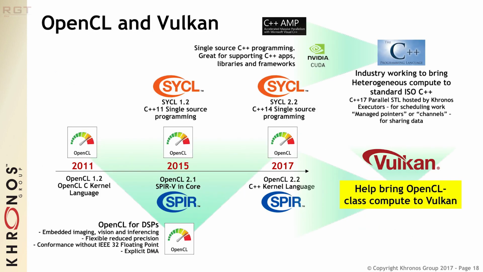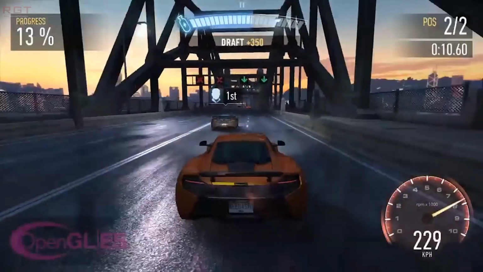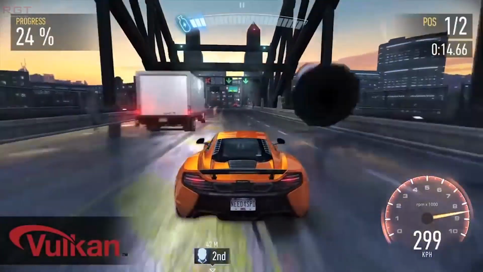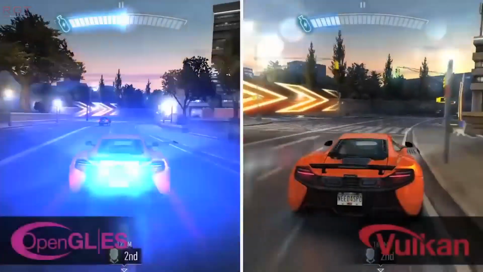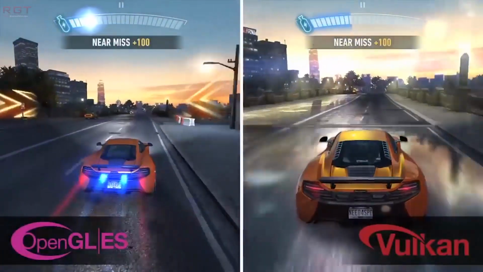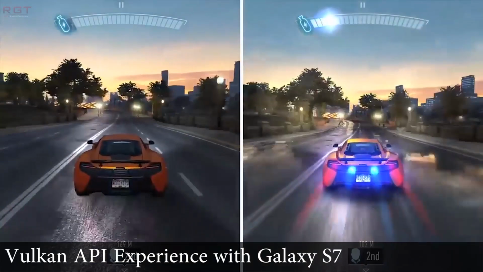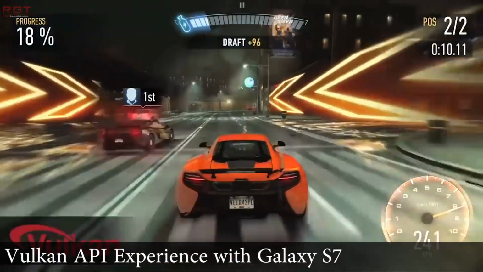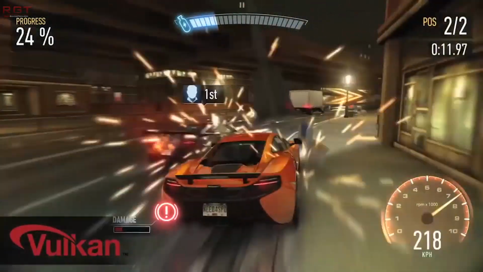So the point of the Vulkan Portability Initiative is that we realized that the three new generation APIs, Metal, Vulkan, and DX12, are relatively similar. Vulkan and DX12 are very close. Metal is a little bit more traditional, a little bit more OpenCL, OpenGL, but even so, they're not too far away.